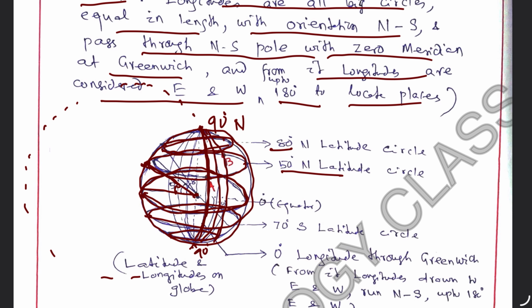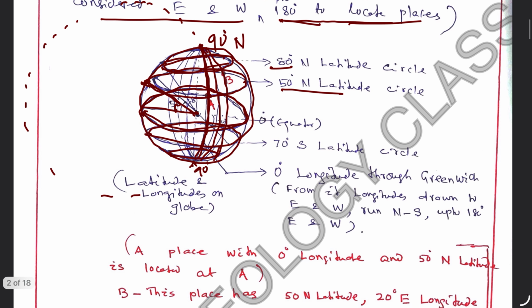Zero longitude is the Greenwich longitude, and from that towards east and towards west we have up to 180 degrees, so we locate the longitudes along the east and west direction, and so each place has a certain latitude and a certain longitude.